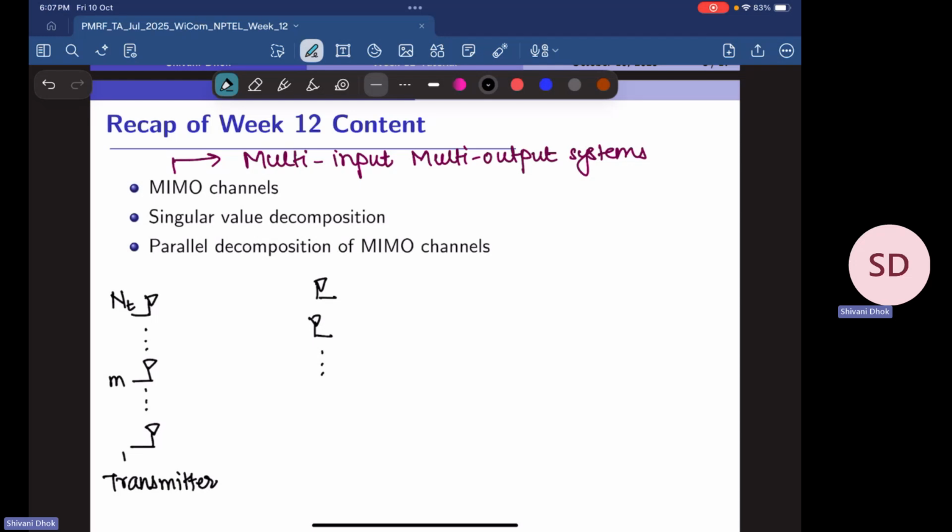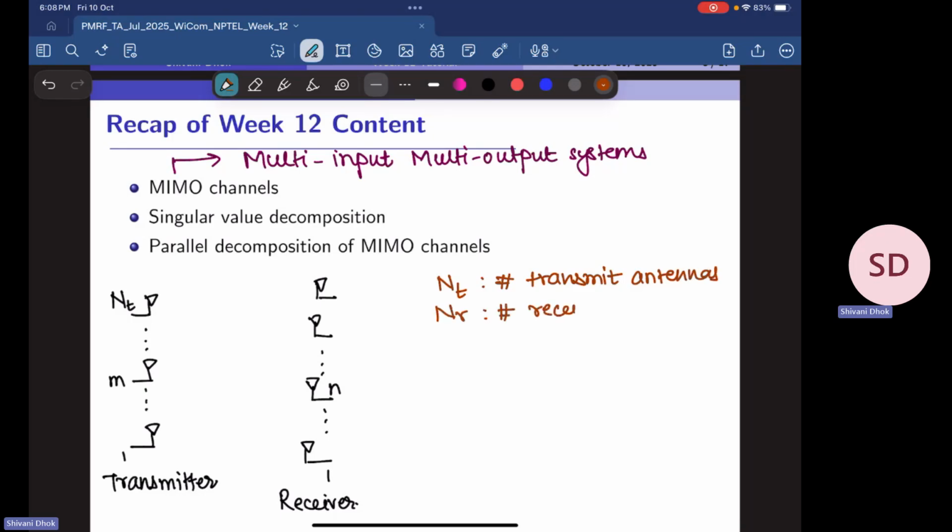Let's say this is the mth transmit antenna and this is the nth receive antenna. This is my receiver. I have NT transmit antennas and NR receive antennas.